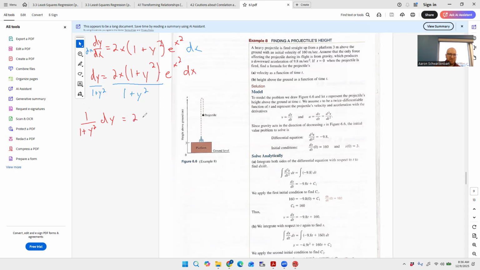as is this next piece. As I go to integrate both sides, this is the inverse tangent. This one involves u substitution. My u is x squared here because my du is 2x dx.